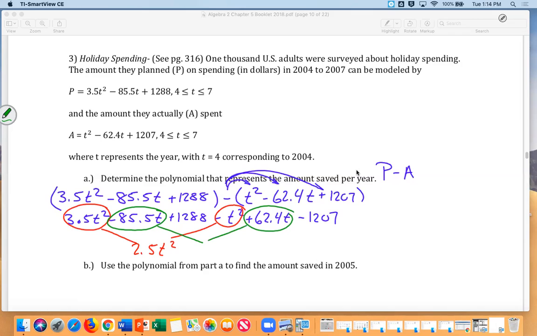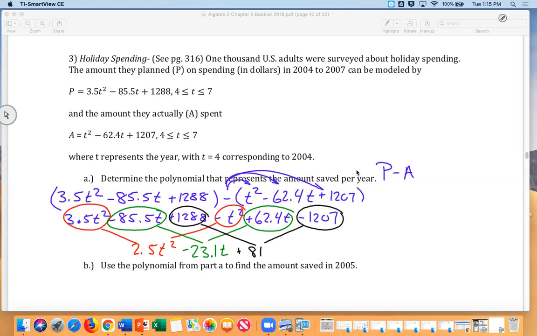That'll be minus 23.1. Did I get that right? So minus 23.1 T. And then I'm going to combine my constants. So 1288 minus 1207 is going to be 81.